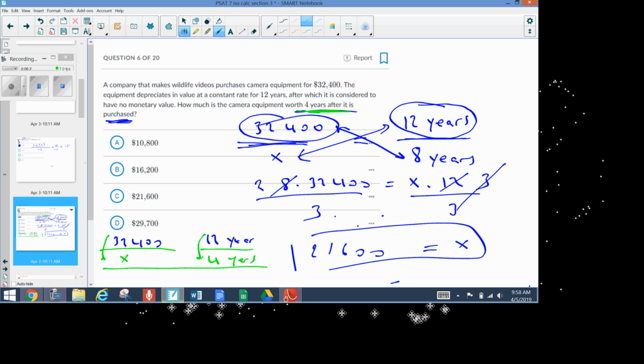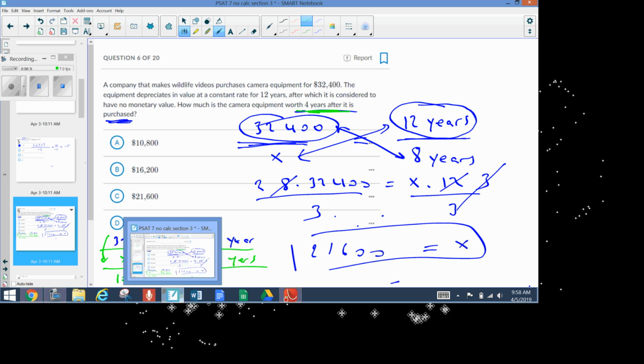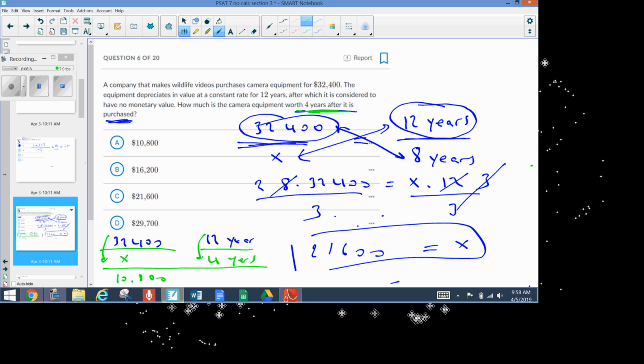When you divide by 3, it's going to be 10,800. This is how much the equipment is worth for 4 years. This is 4 years of life. That means we're supposed to subtract that from the total amount. 32,400 minus 10,800. It's going to be 21,600.